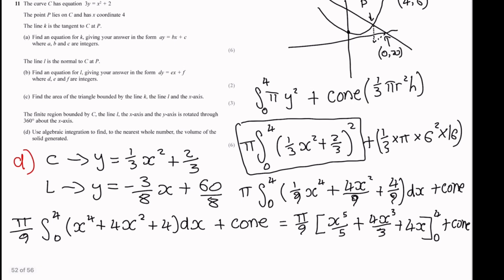And if you now substitute in 4 into all of this and then substitute in 0, if you substitute in 0, it's just going to be 0, so we only need to substitute in 4.